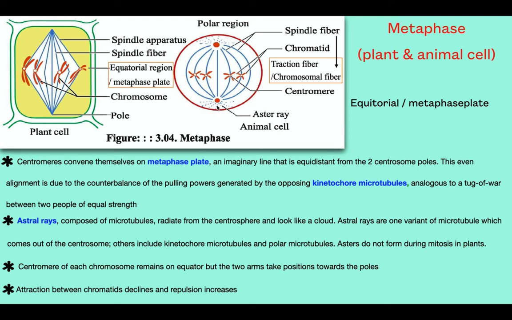Astral rays are developed from centriole as well. They are microtubules and they play an important role in this total development here. So we can see in plant cell, although there are no astral rays or centrosome or centriole, they manage somehow, they have spindle fiber as well, which is not originated from centriole.